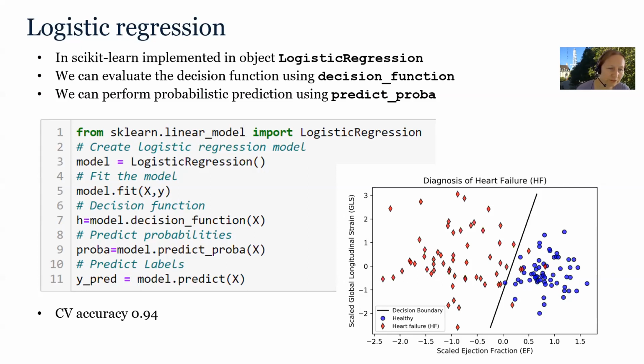We can fit the model and predict as we are used to already. But we can also evaluate the decision function and the probabilistic prediction using predict_proba. Here we see the result of applying logistic regression to our problem. We obtain a slightly different boundary than with the perceptron, and we have a cross-validated accuracy of 0.94, which is better.